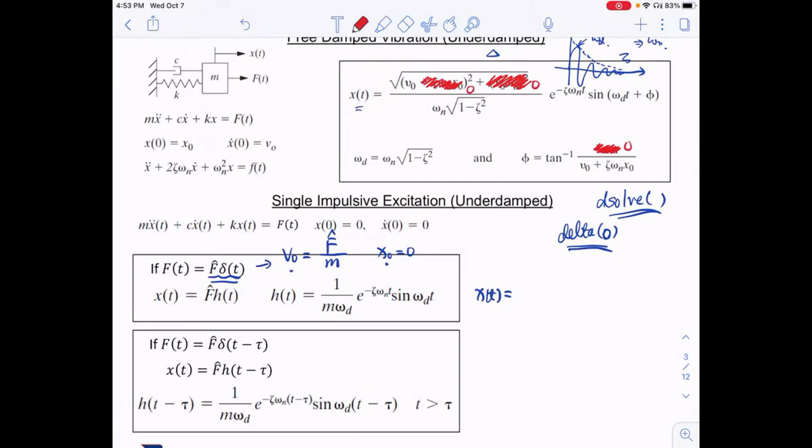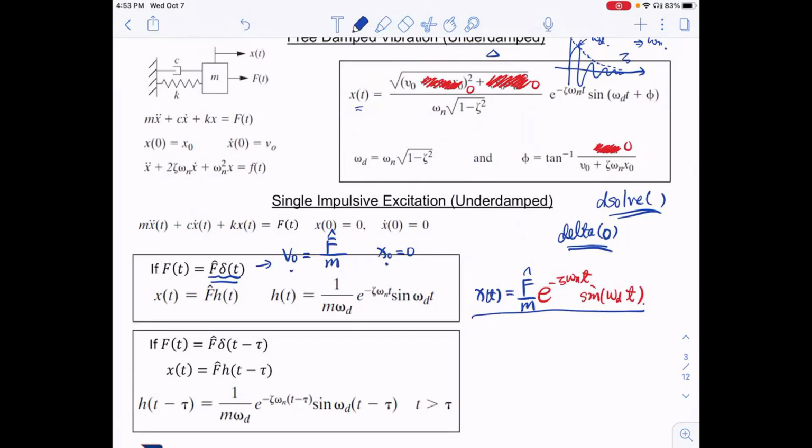So your x(t) will become v naught e to the minus zeta omega n t sine of omega d t plus, because that's inverse tangent of 0, so your phase lag is also 0. So that's going to be your impulse response. And remember that your v naught is f hat over m.